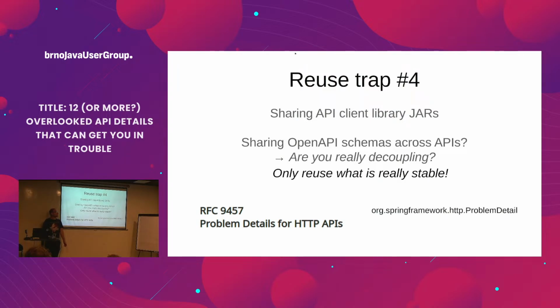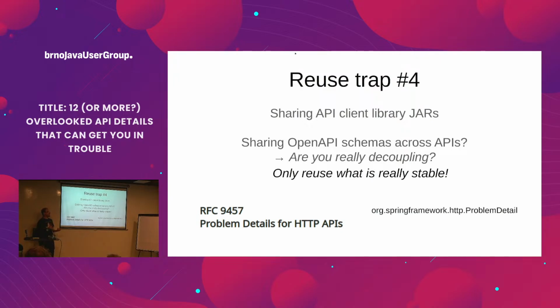Well, I don't think this is a good idea, because what we usually do with APIs is we want to decouple things. And now we are bringing the coupling again, because we are forcing the clients to use a particular library, a particular version of the library that may clash with what they are using in some other place.